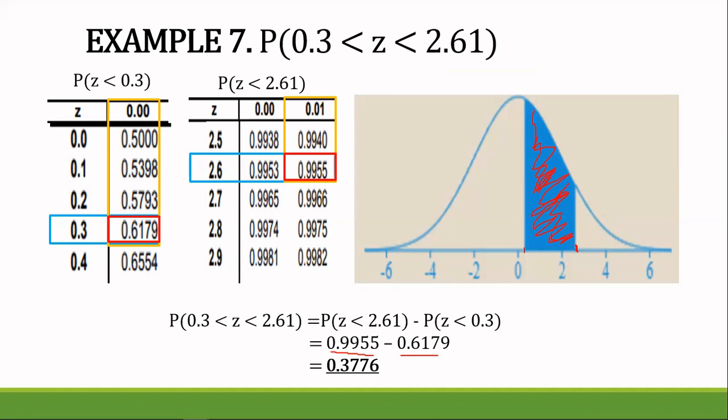Okay? Ito yun based dito sa table natin. So, when we subtract that, that will give us 0.3776. So, meaning to say the area under the region of this given Z values is 0.3776.